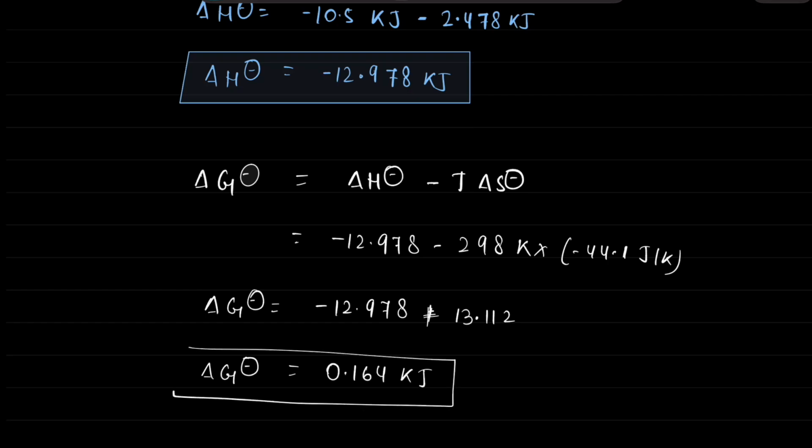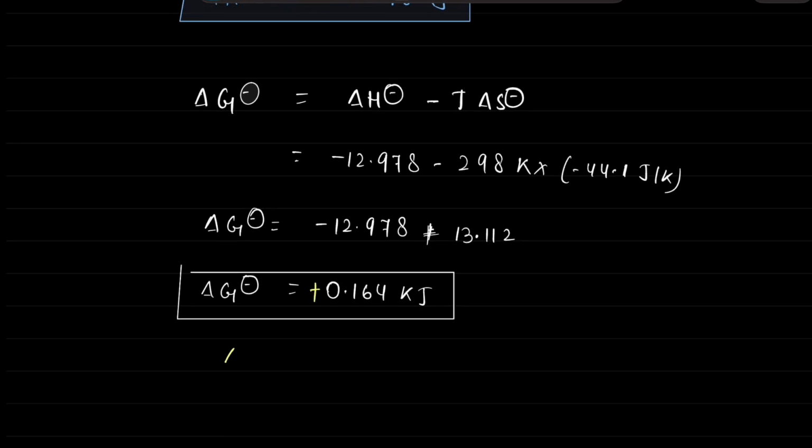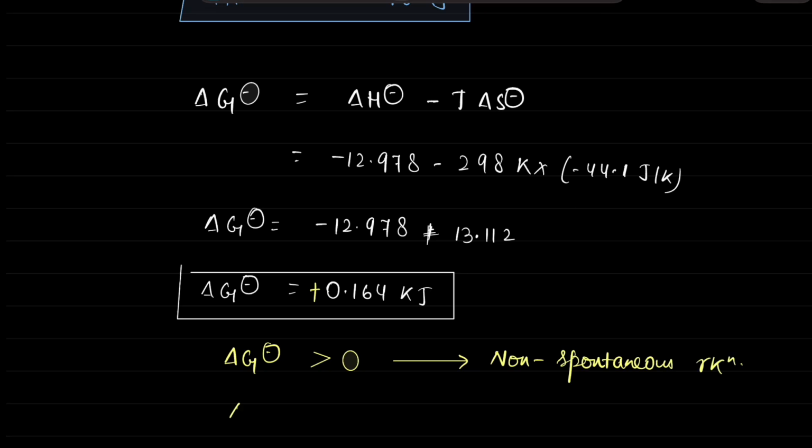And you see this delta G naught is positive. When delta G value is greater than 0, it is considered a non-spontaneous reaction. When it is less than 0, it is a spontaneous reaction.